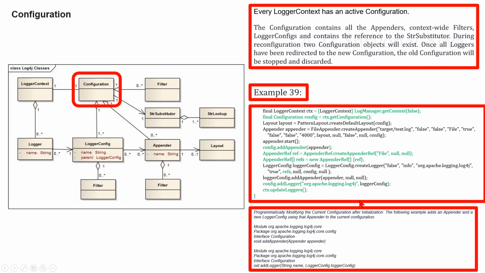As such, the recommended approach for customizing configuration is to extend one of the standard configuration classes, override the setup method to first call super.setup, and then add the custom appenders, filters and logger configs to the configuration before it is registered for use. This example adds an appender and a new logger config using that appender to the current configuration.